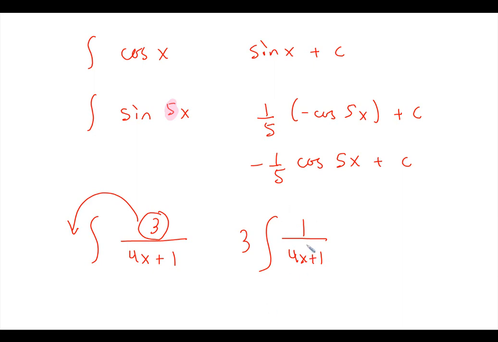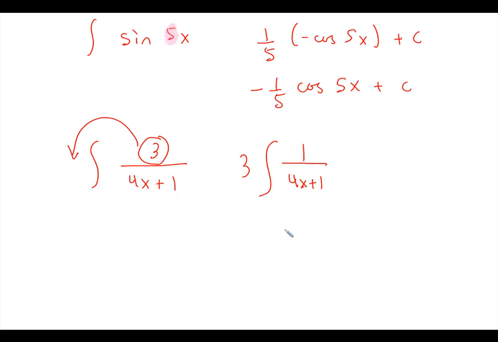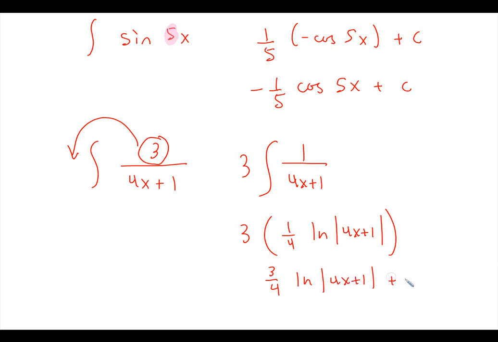And then now you have to recognize, okay, I've got this 4 in front of this x, so if I integrate this, I have this 3 right here, I'm going to have 1 over 4, and then this is going to give me natural log, absolute value, 4x plus 1, and then we have the plus c. So basically we have 3 over 4, natural log, absolute value, 4x plus 1, and then don't forget the plus c.